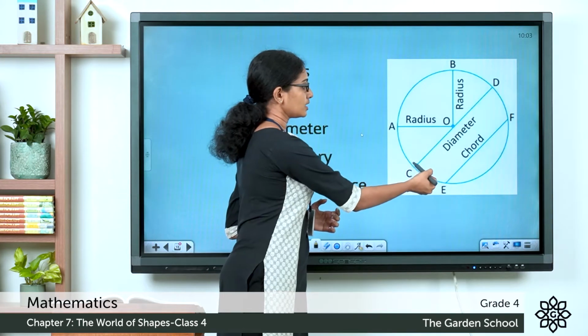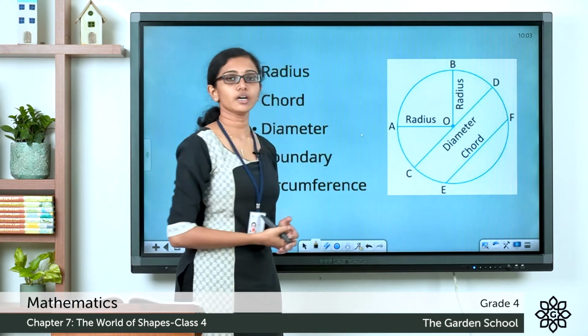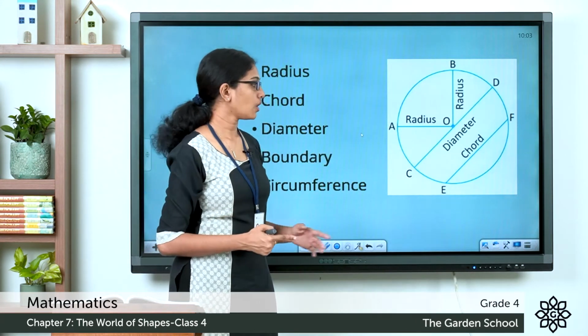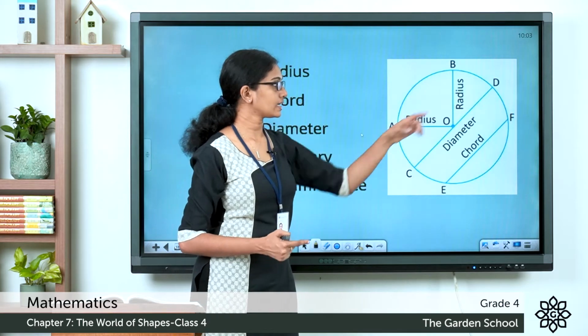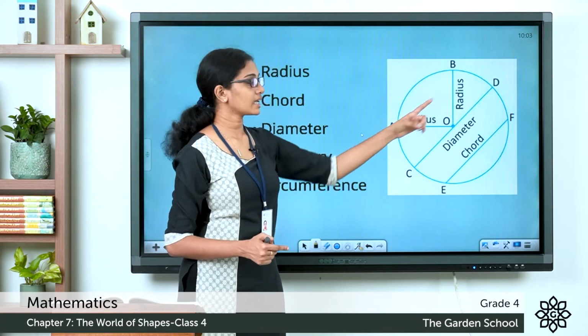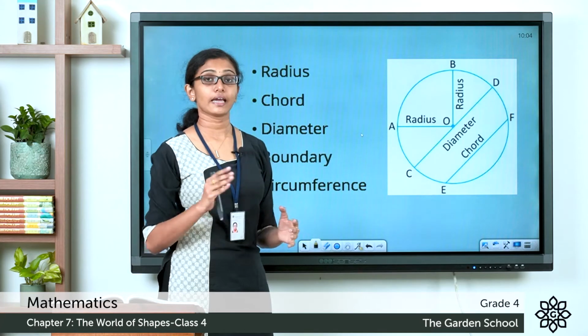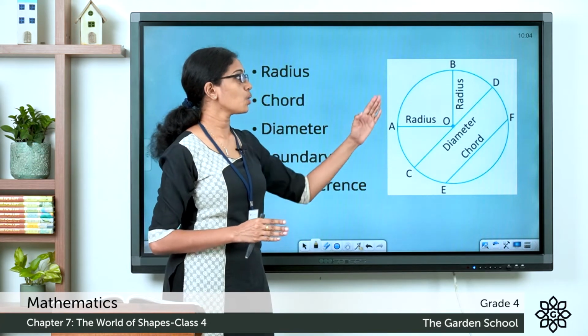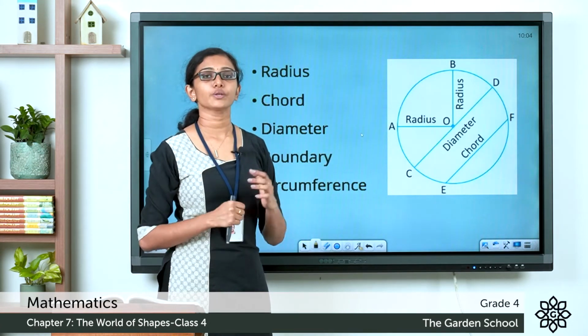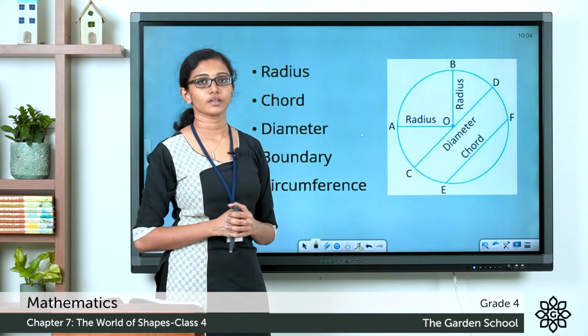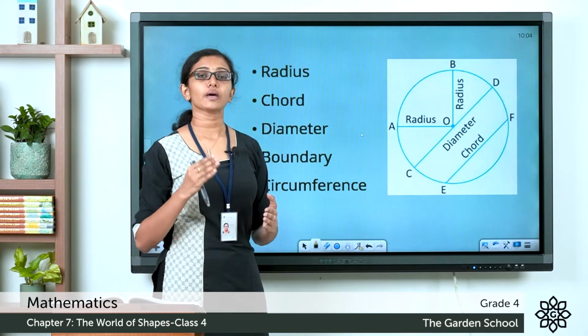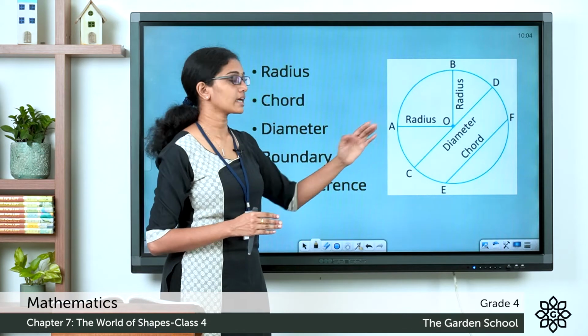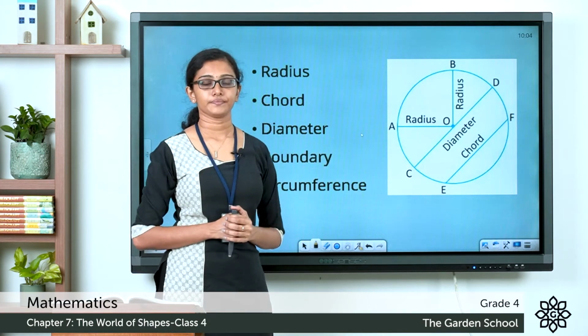You see here CD is a diameter of the circle. It is a chord connecting the points C and D and it passes through the center of the circle. In any circle, the diameter will be the longest chord you can draw within it. And for a circle, you can draw infinite number of chords, diameters and radii.